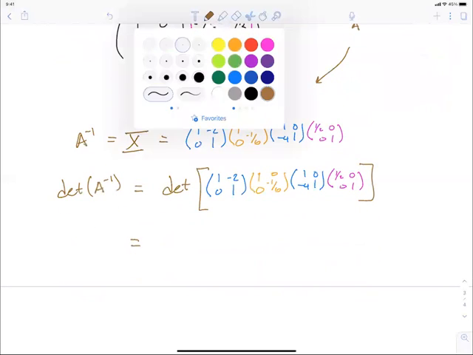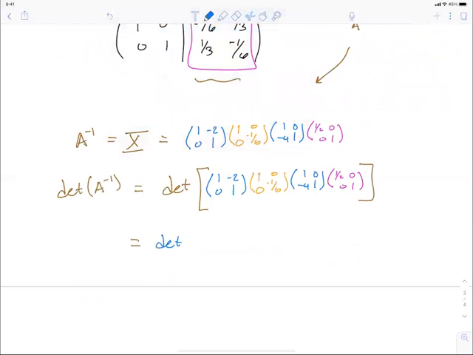So this is equal to the determinant of the first matrix times the determinant of the second one times the determinant of the third one times the determinant of the last one.